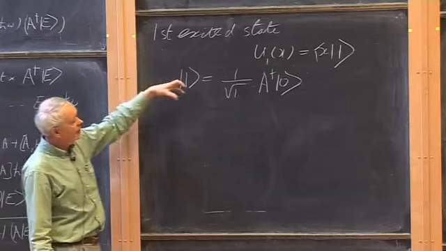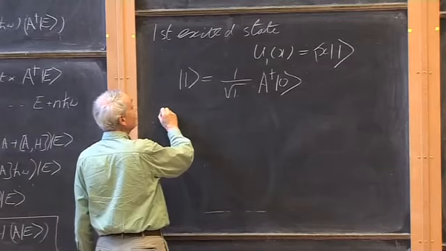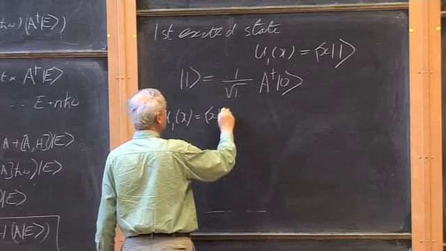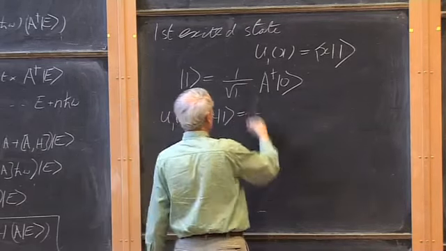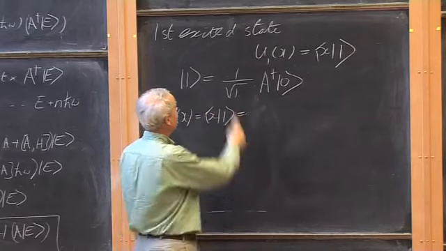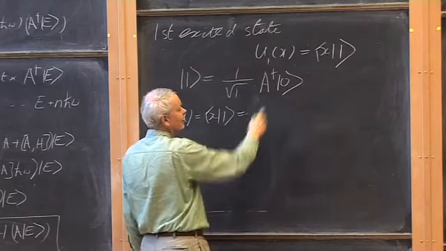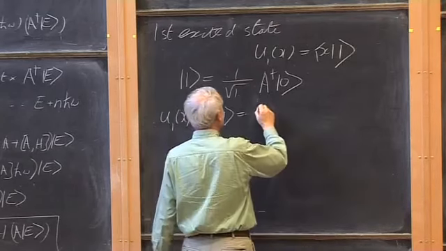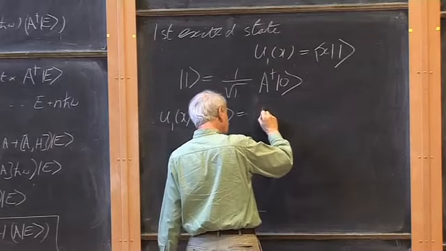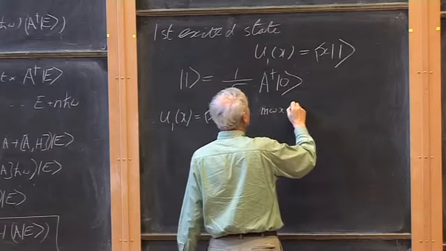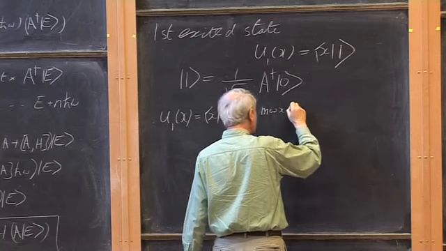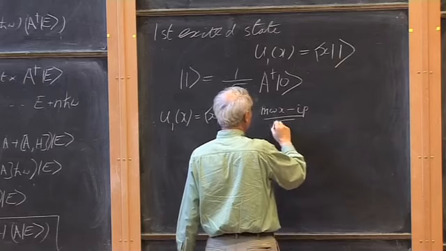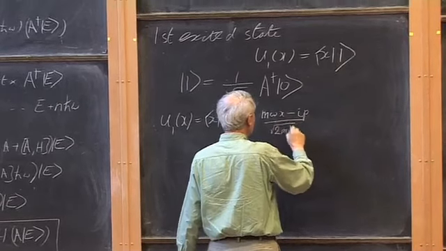So if I bra through by x, that tells me that u1 of x, which is equal to ⟨x|1⟩, is equal to 1 over the square root of n plus 1, n here is 0, times a dagger, which is (mω x minus iP) over the square root of 2mħω.